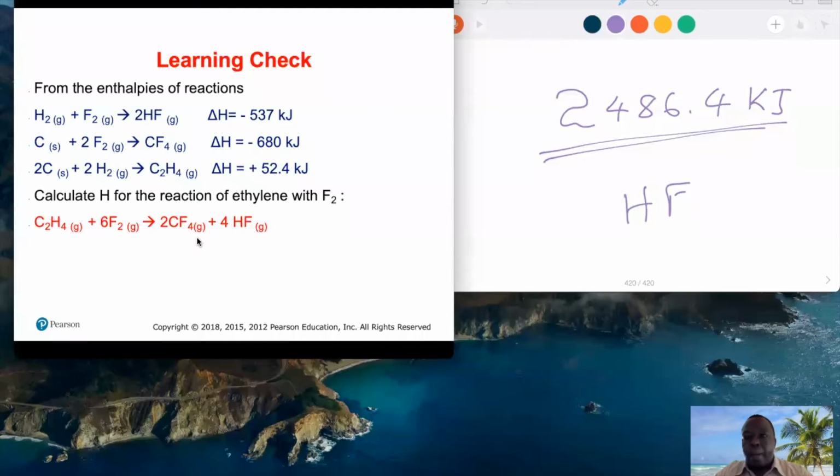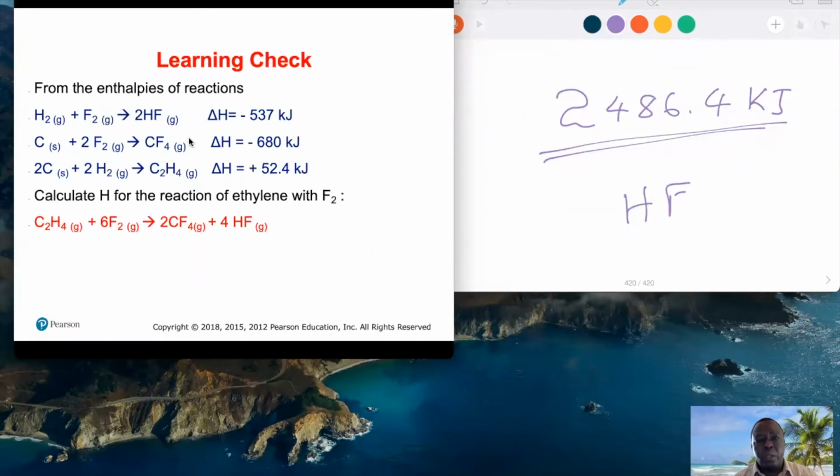For most problems, you may have only 2 equations. With 2 equations, it is very easy to look at how things have been manipulated. But the more thermochemical equations you have, you can imagine if you have 10. I'm not saying I'm going to give you 10, but at most you may have 4, you may have 2, but the whole thing has to do with manipulating the equations.